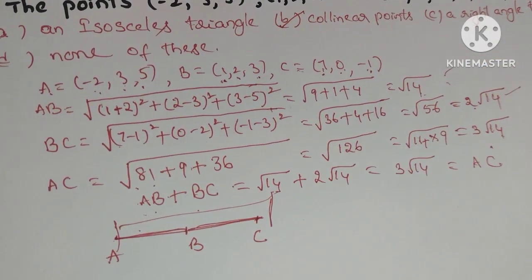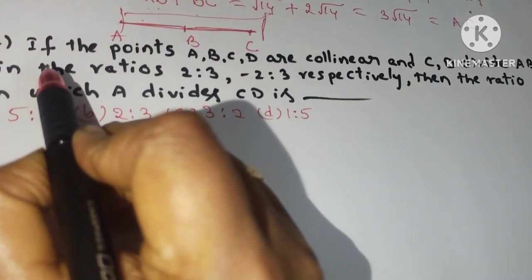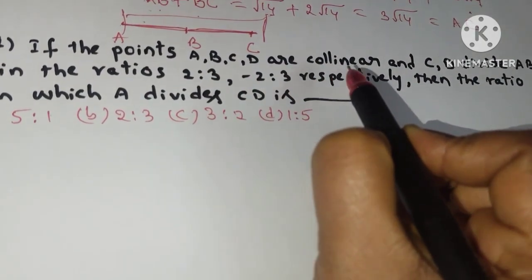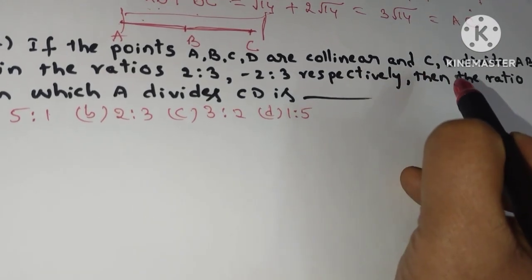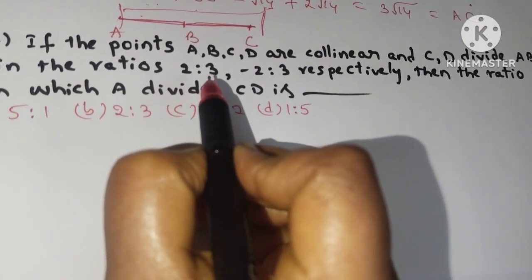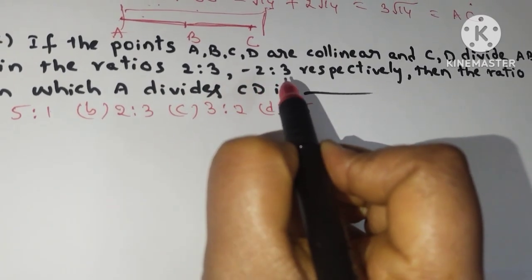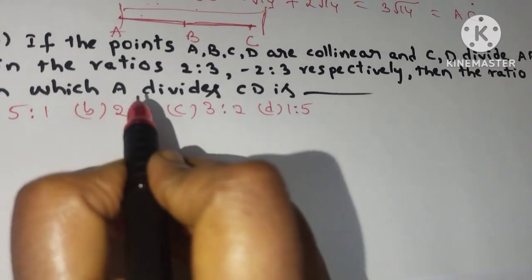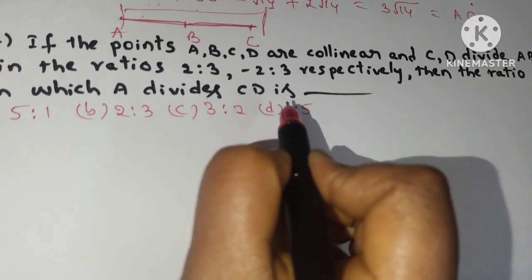Second question is, if the points A, B, C, D are collinear and C, D divide AB in the ratios 2:3, minus 2:3 respectively, then the ratio in which A divides CD is.